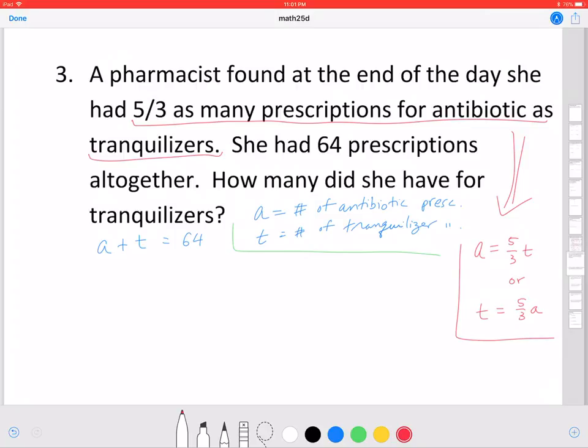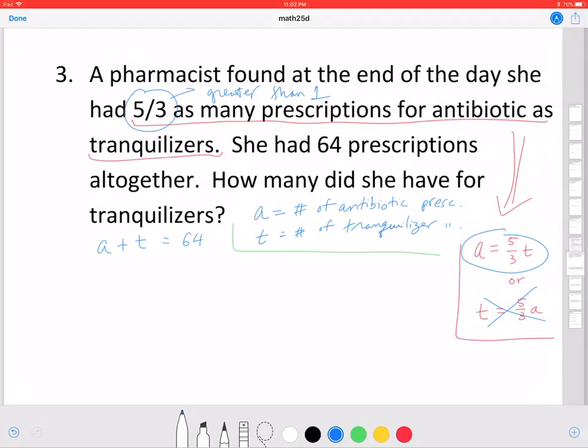One of the key ideas here is that the number 5/3 is greater than 1. If that was a number less than 1, say like 1/3 or 2/3, then more tranquilizers were prescribed than antibiotic. All right, so the correct one is this, not this.